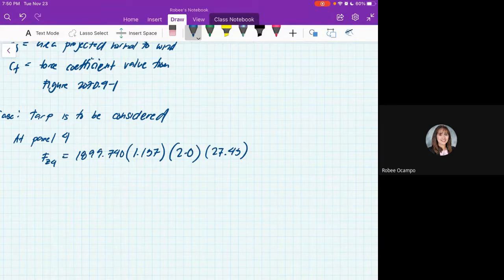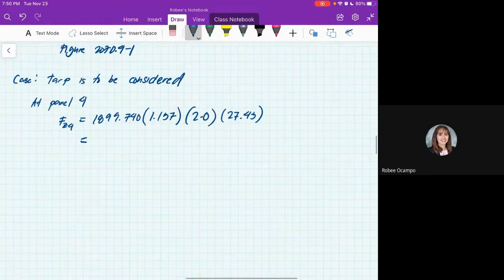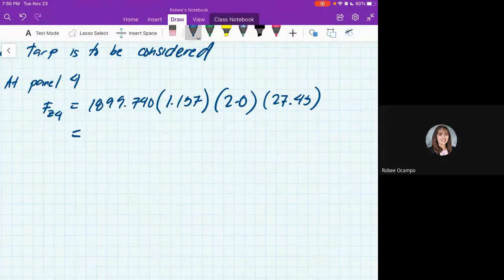So the area for every panel with tarpaulin is 27.45 square meters. The wind force at panel 4 is 120,670.155 Newton. Is that correct?